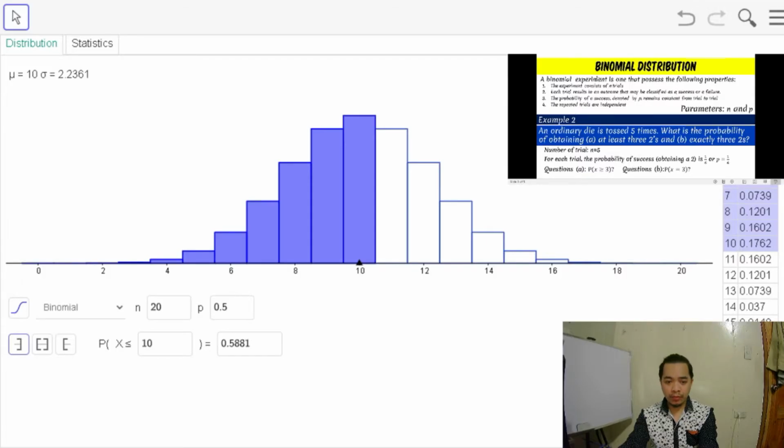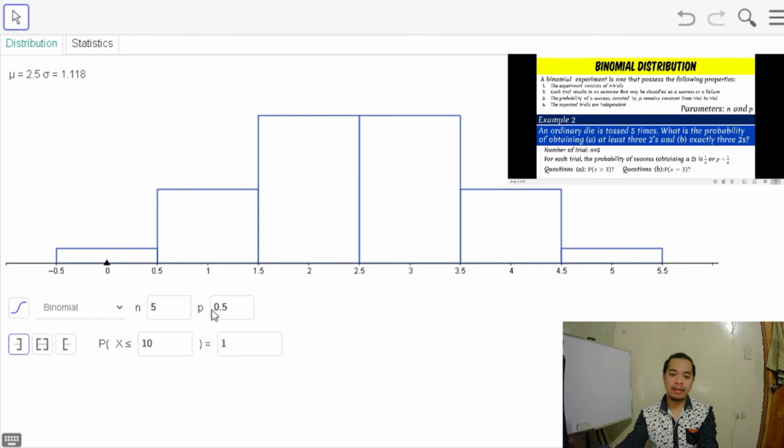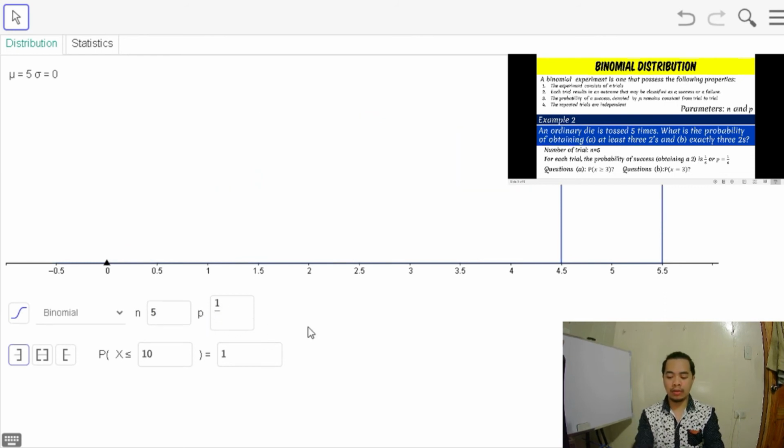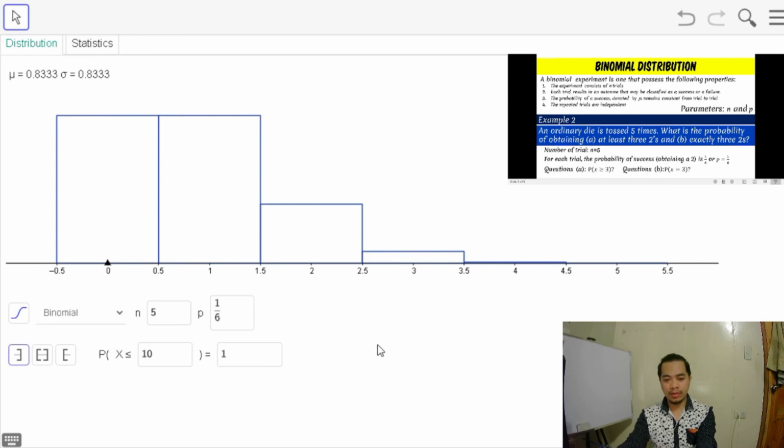Alright, let's answer letter A using GeoGebra. So the number of trials now is 5, and the probability for a success is 1 over 6. We are concerned with computing the probability that x is greater than a particular number.